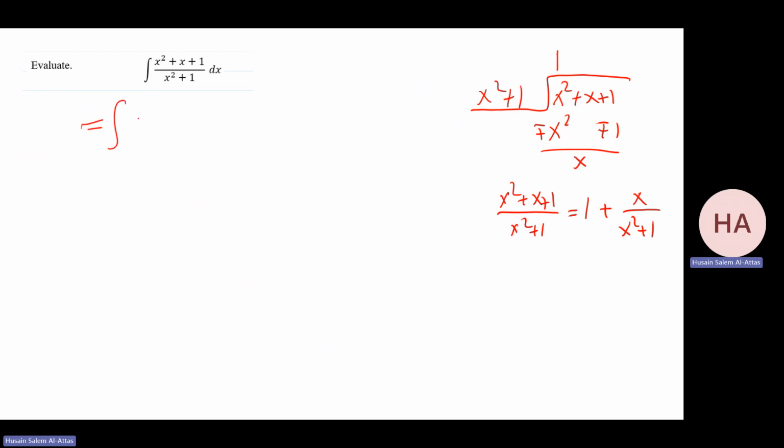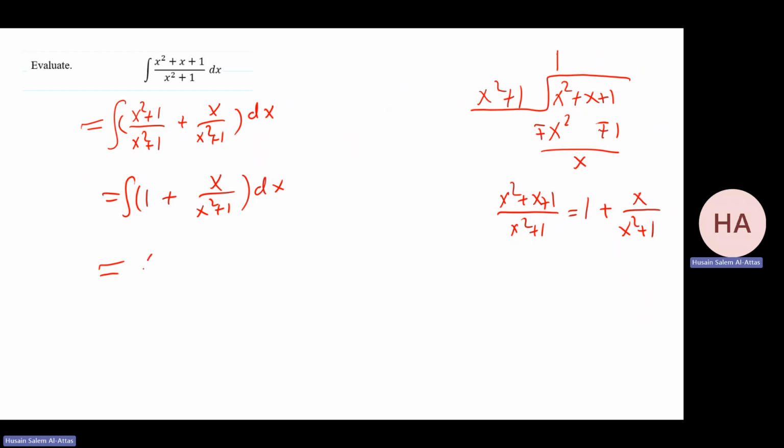Since this is x squared plus 1 over x squared plus 1 plus x over x squared plus 1 dx. And that is 1 plus x over x squared plus 1. So sometimes you can deal with these tricks, or you do the long division. So the answer is x plus, I need to put 2.5 outside.